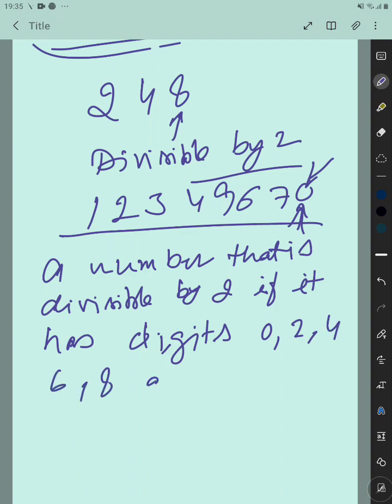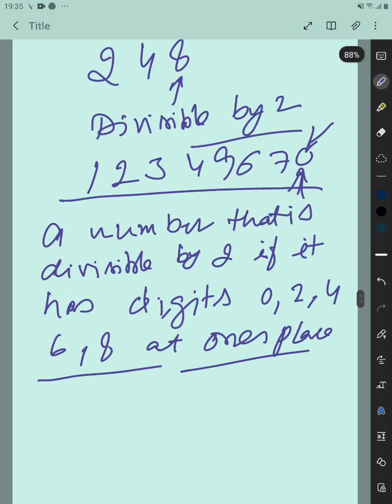If these digits are at the ones place, then that number will be divisible by 2. So this is the case.